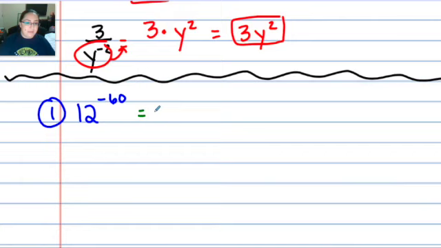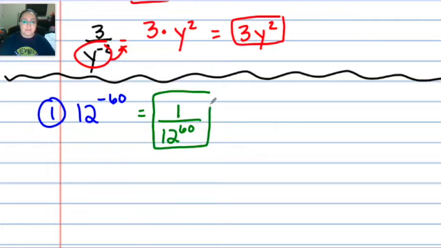So all of this has to go to the denominator. So it's going to be 12 to the 60th power, and it becomes a positive. And up here in the numerator, we're going to put 1. And that's it. This is our answer. We want to keep it as positive exponents, okay?